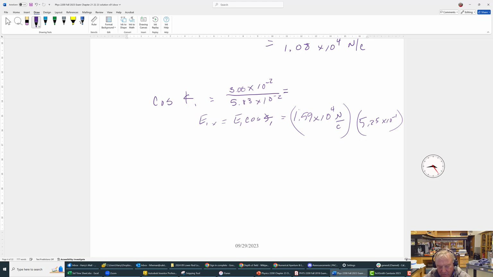And it's not the minus 4, it's just the fourth. Enter 5.25, exponent, change the sign of the exponent. And it's negative 1.